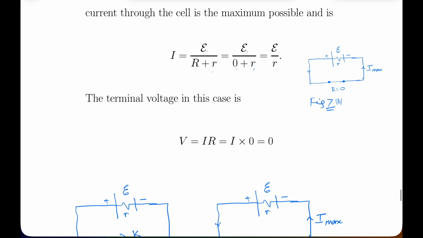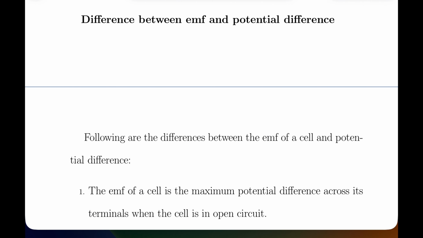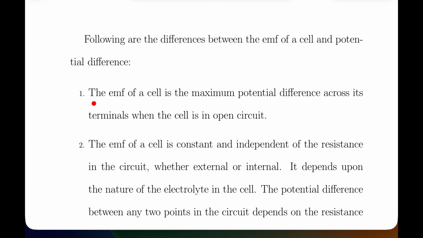Difference between EMF and potential difference. Following are the differences between the EMF of a cell and potential difference. The EMF of a cell is the maximum potential difference across its terminals when the cell is in open circuit.